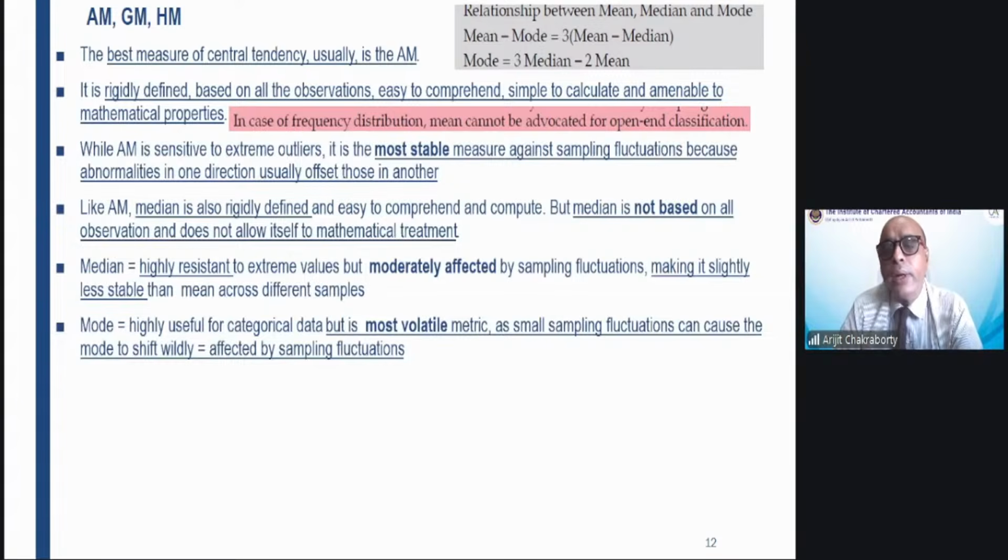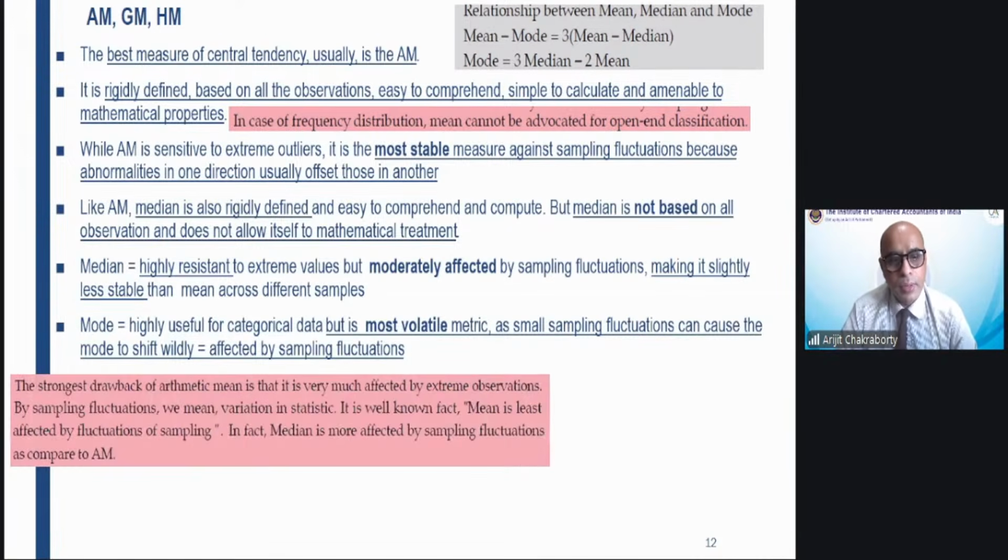Mode is definitely useful in different types of categorical frequency distributions, but it can be affected by sampling fluctuations. At the end, we see median is more affected by sampling fluctuations as compared to mean.